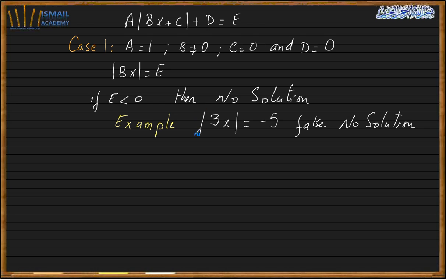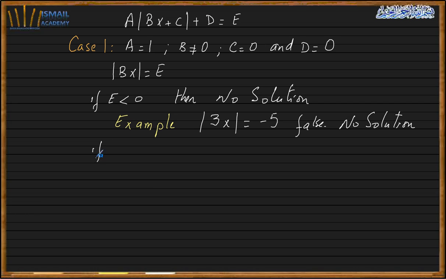First I need to make sure there is no coefficient involved here, just the absolute value by itself equal to the number. If that number is negative, we have a contradiction, because absolute value is always greater than or equal to 0.